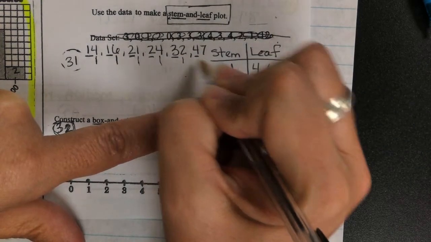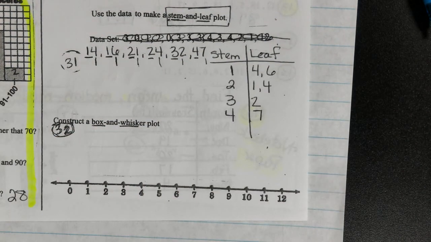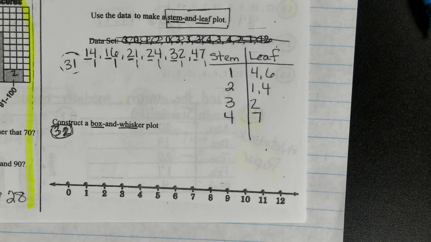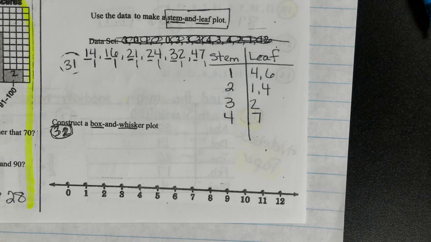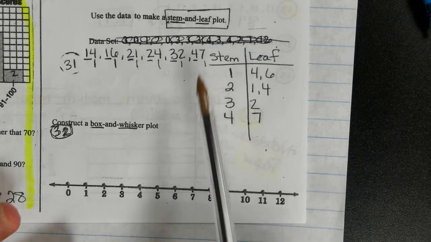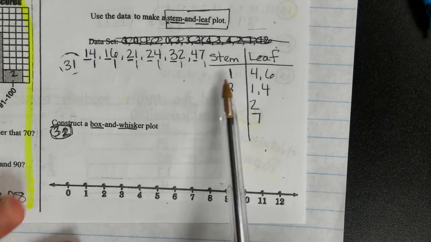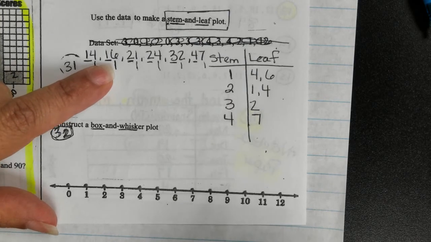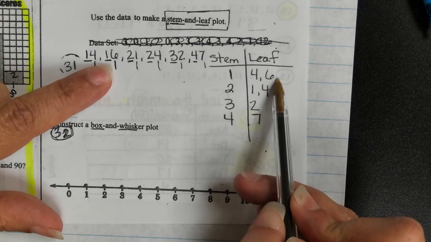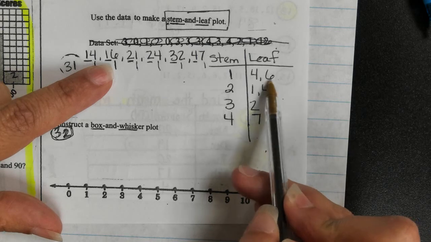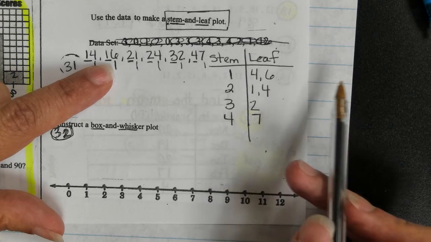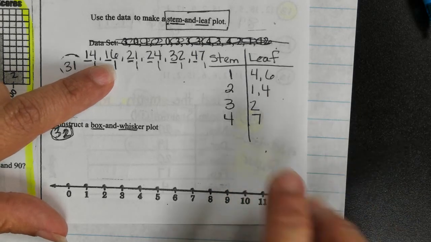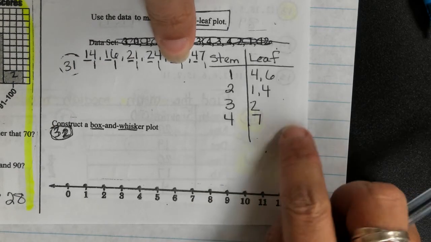The way this is tested is there are 4 stem and leaf plots, and you have to figure out which one is made correctly for the data. Be super picky. What would you do if it had 2 16s? How many 6s should be here? 2. So you want to watch for that. What if there was no 30 up here?